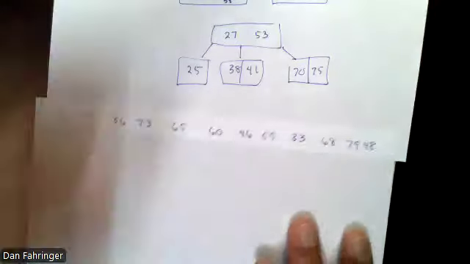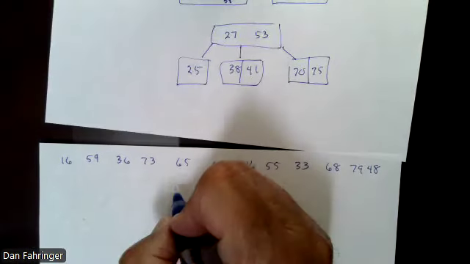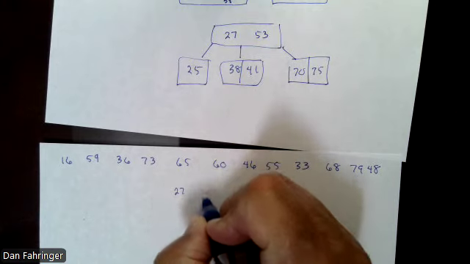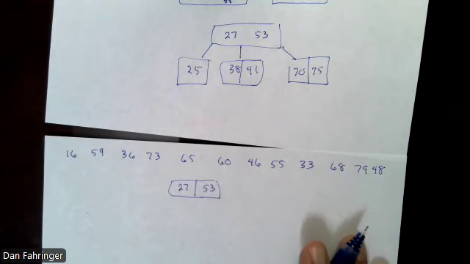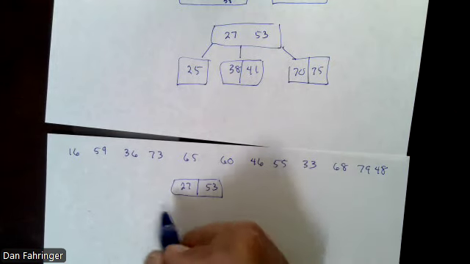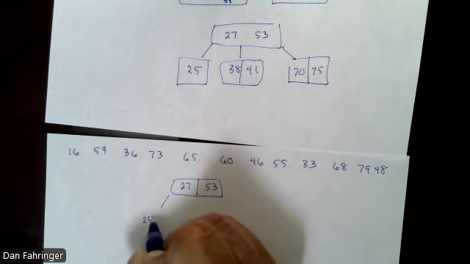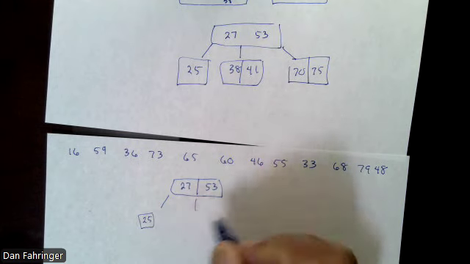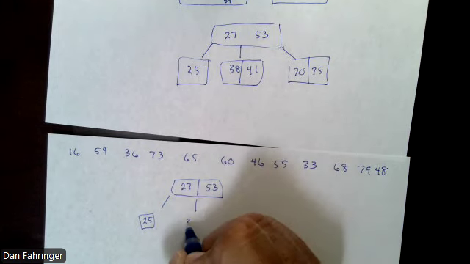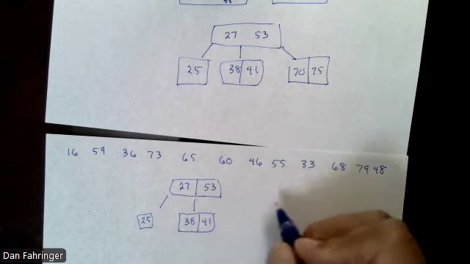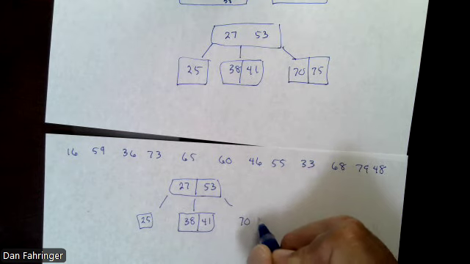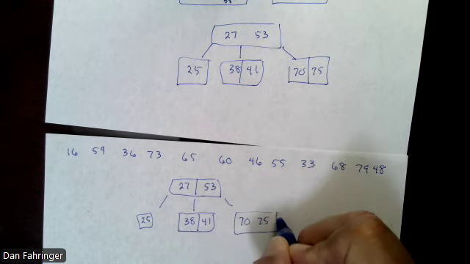And my current tree looks like this. 27, 53. And remember, I can still put another one in here eventually. 25. Coming down off the middle, it's 38 and 41. And over here to the right is 70 and 75.